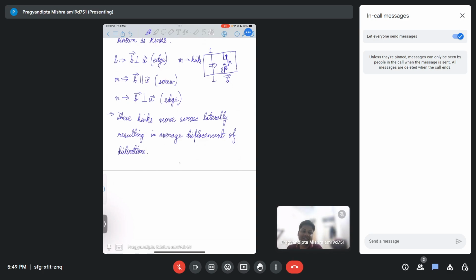So, can we say something more about these kinks? Now, when we are drawing these kinks, we are drawing very sharp kinks, right? We are drawing a sudden turn, from edge to screw, and then again coming back to edge, again going to screw, again going to edge, right? These sharp corners that we are drawing will result in a large amount of energy being concentrated in those corners, and we would not want that to happen.